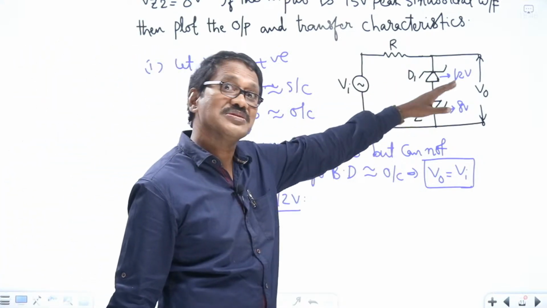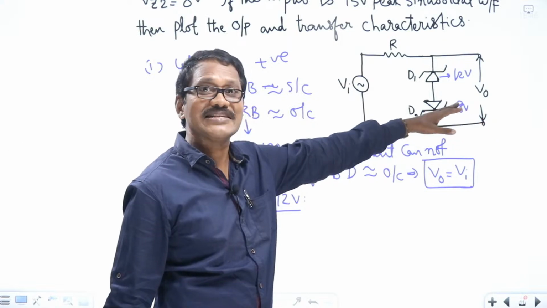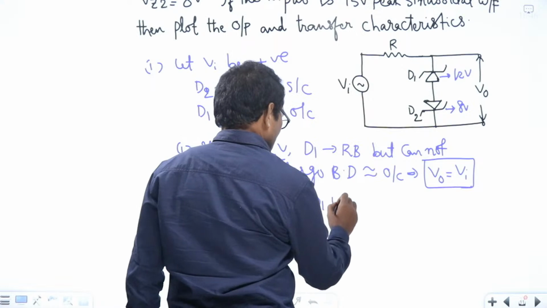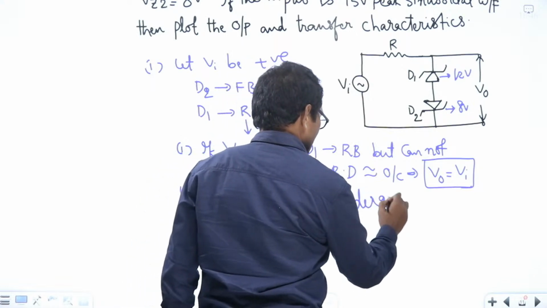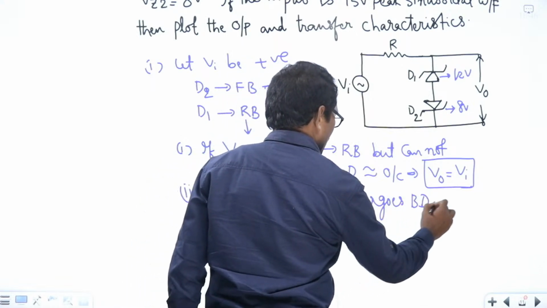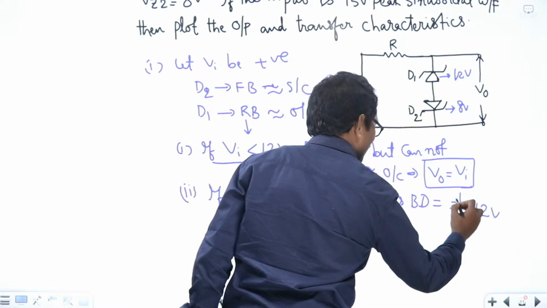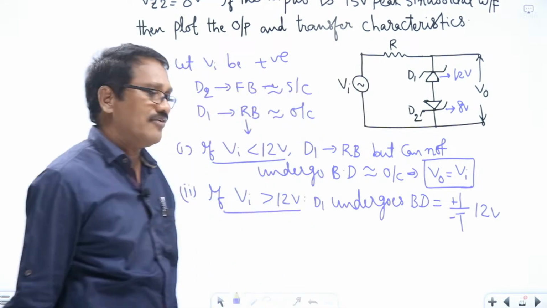D1 undergoes breakdown. Now it is equivalent to a battery of 12 volts and can be replaced by a battery of 12 volts.